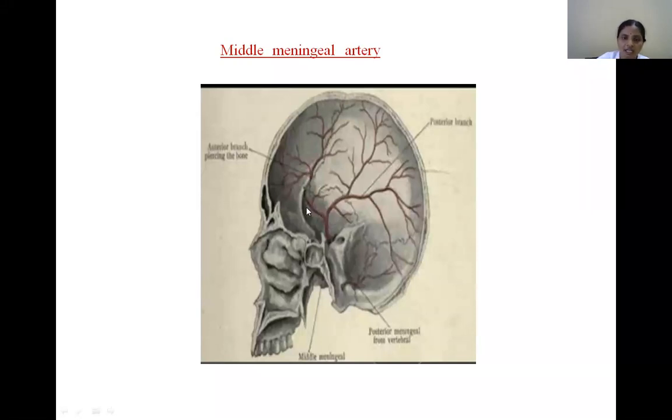In addition to these meningeal branches, this middle meningeal artery may establish a collateral circulation with anastomosis of branches from the orbit. So some other branches are there.